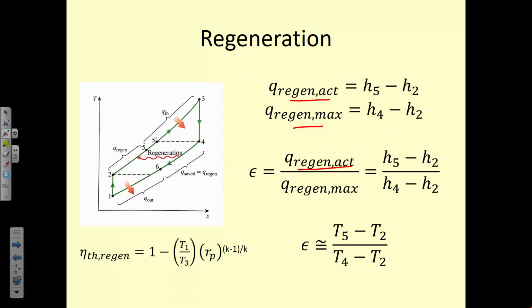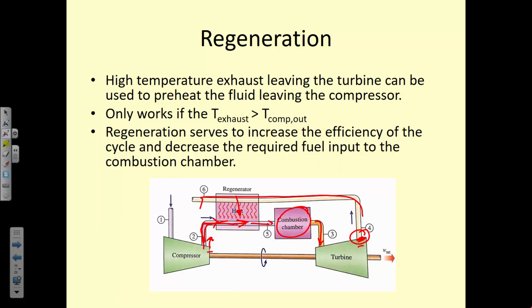So this actual and max, if it just so happens that we have 100%, that means the enthalpy at state 5 and state 4 are going to be the same. So the closer we get to having a 100% effective regenerator, the further this temperature value slides up the scale until the temperature at state 4 is equal to the temperature of the gases coming out of the compressor.